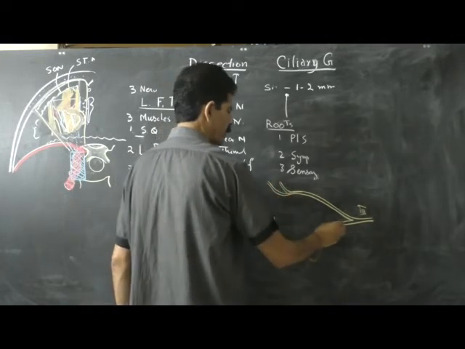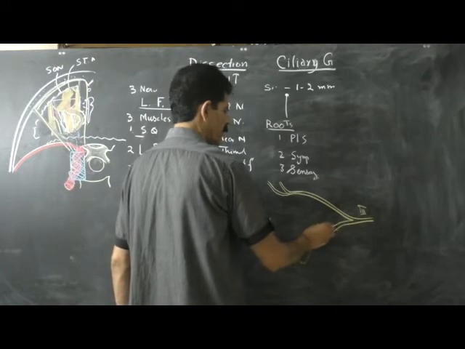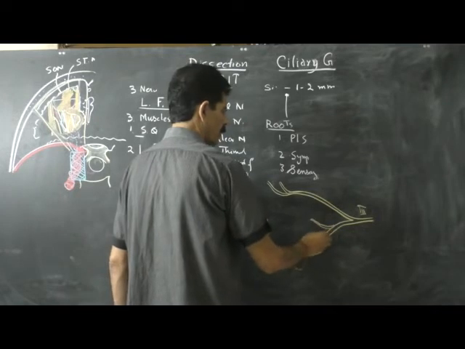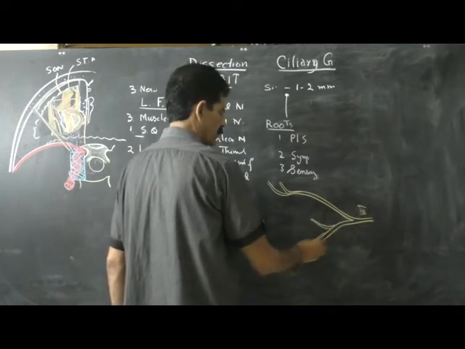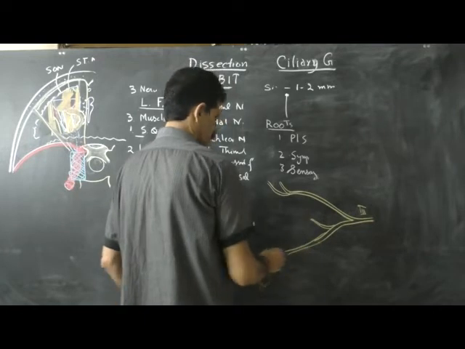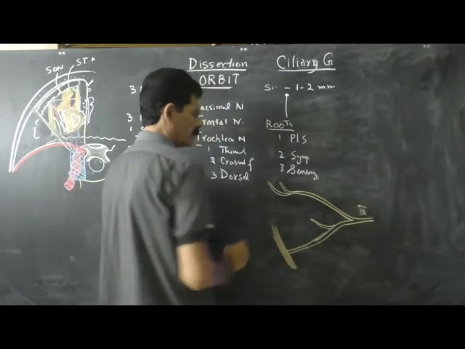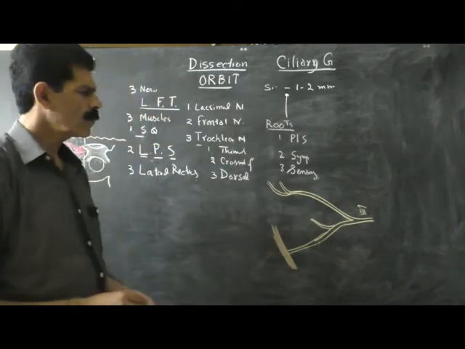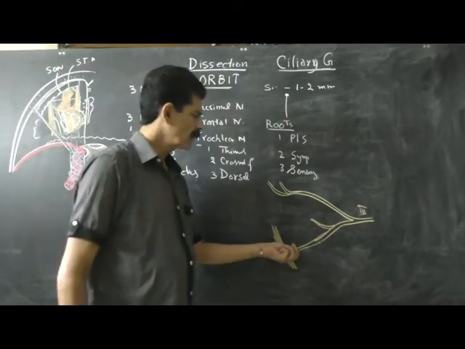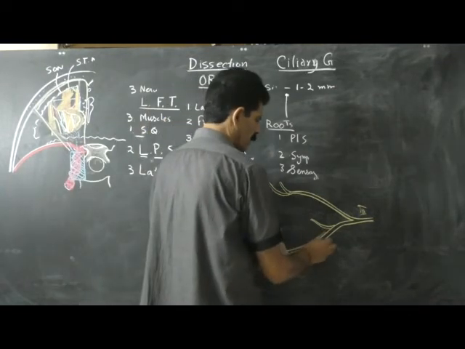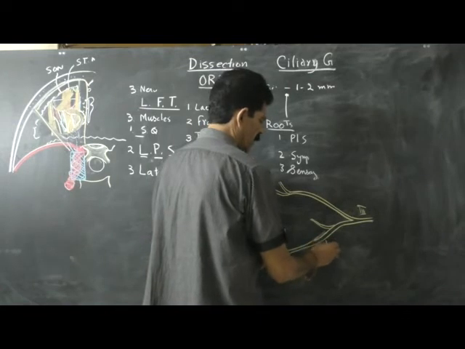The inferior division supplies the medial rectus and the inferior oblique muscle. So the branch of the oculomotor nerve which supplies the inferior oblique muscle, to this a ganglion is hanging, which is called the ciliary ganglion, a very small ganglion.